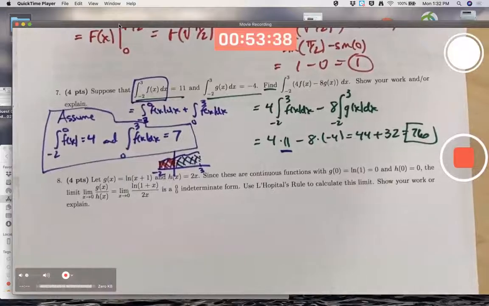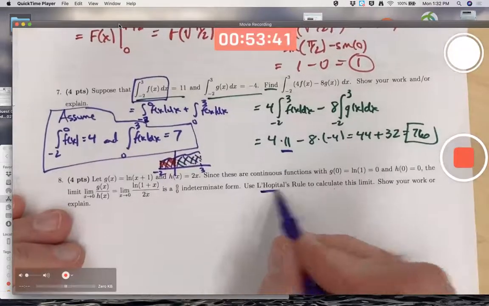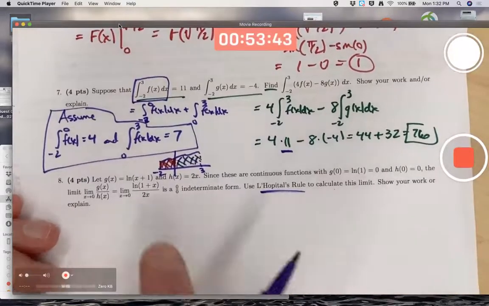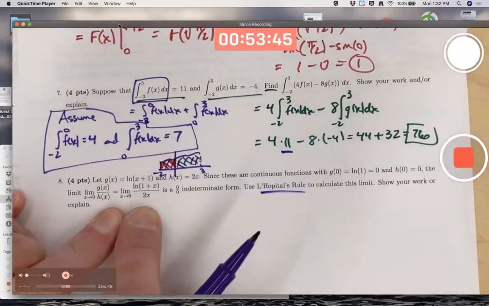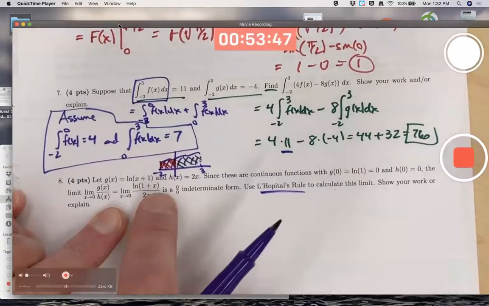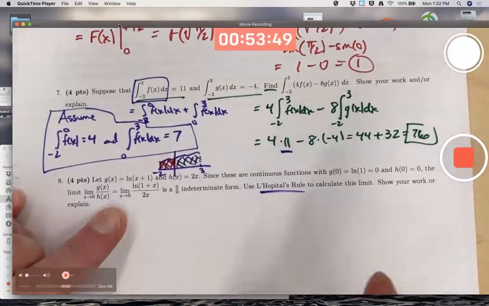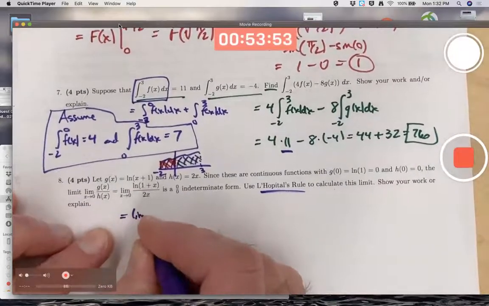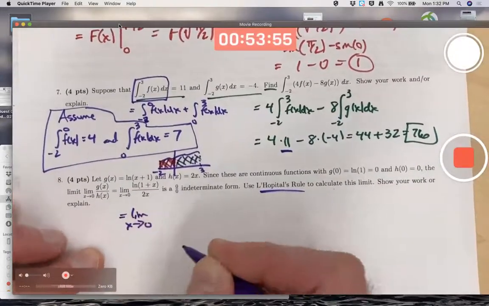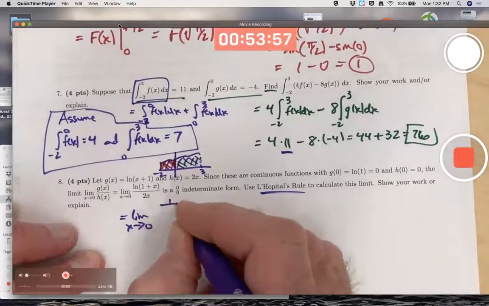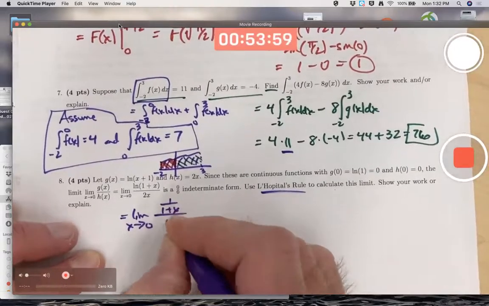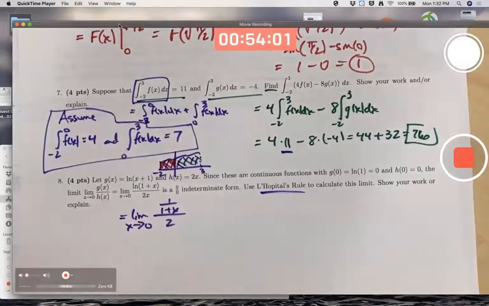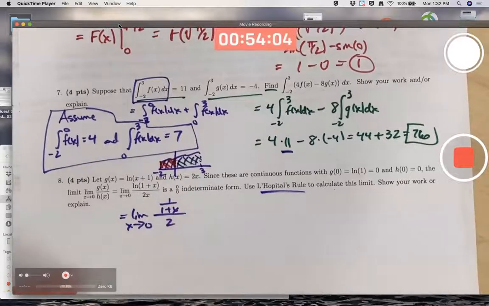This one you can see is about L'Hopital's rule. This is a 0 over 0 indeterminate form. ln of 1 plus 0 is ln of 1 is 0, and 2 times 0 is 0. I guess we can quickly do this. L'Hopital's rule says differentiate the top and the bottom individually, not the quotient rule, and try to take the limit of what you've got left.